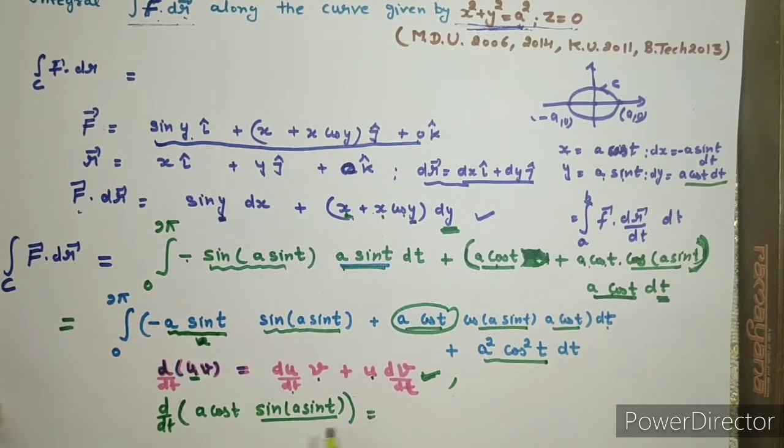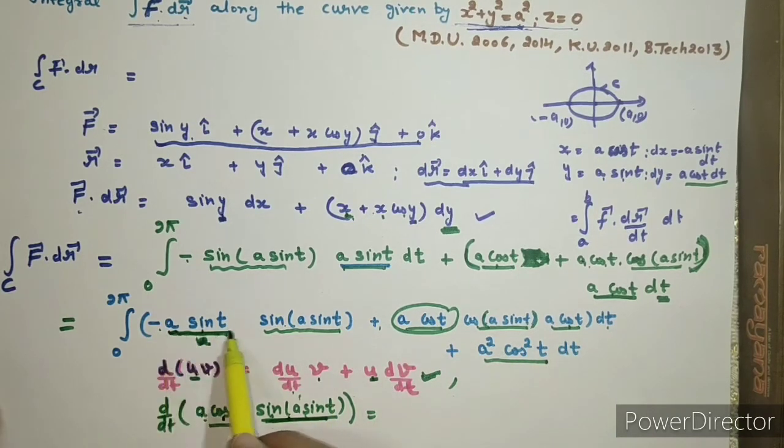If you take the derivative of this one, a cos t, derivative क्या बनेगा, a cos का derivative minus sin t, तो minus a sin t, second v as it is, then plus u as it is, derivative of sin a sin t, पहले sin का होगा cos angle same into inside term का derivative is a cos t.